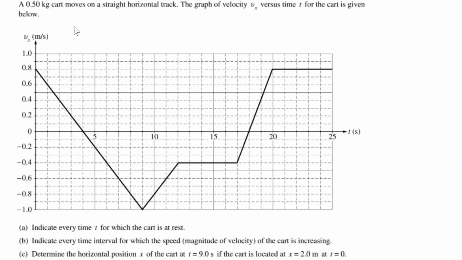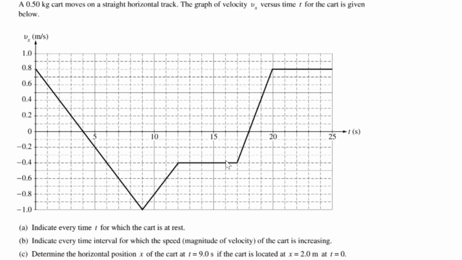See, from 0 to 9 seconds, on the velocity time graph, acceleration is the slope of the graph, right? So from 0 to 9 seconds, it has a constant acceleration. If you remember, we calculated in the previous part, it is minus 0.2.